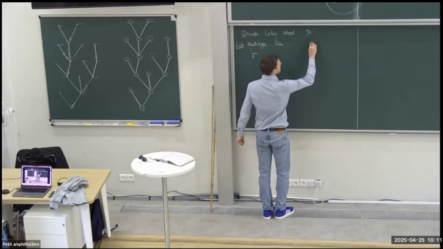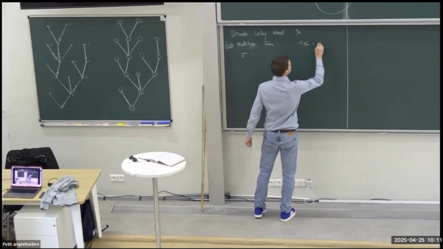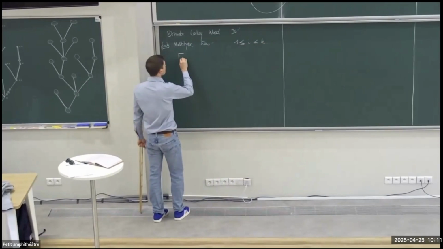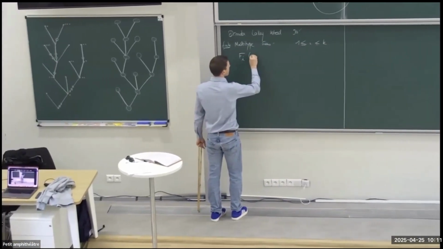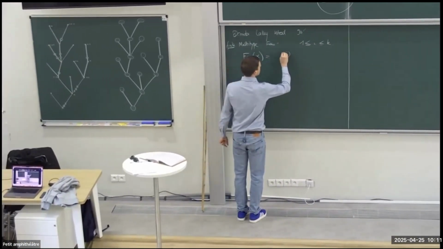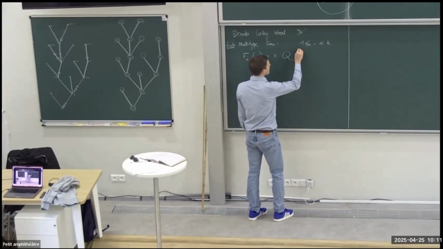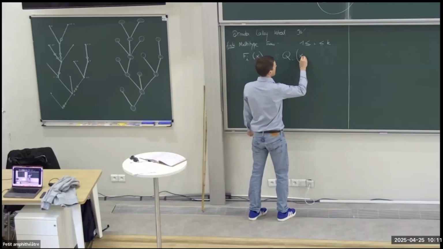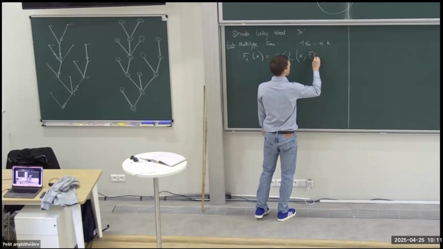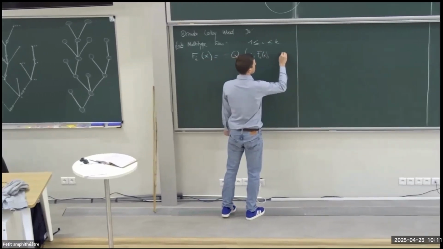So imagine that the type is i between 1 and k. So you will have a generating function depending on the type. And this will be some x for the first vertex. And then you have some polynomial of the other type trees.